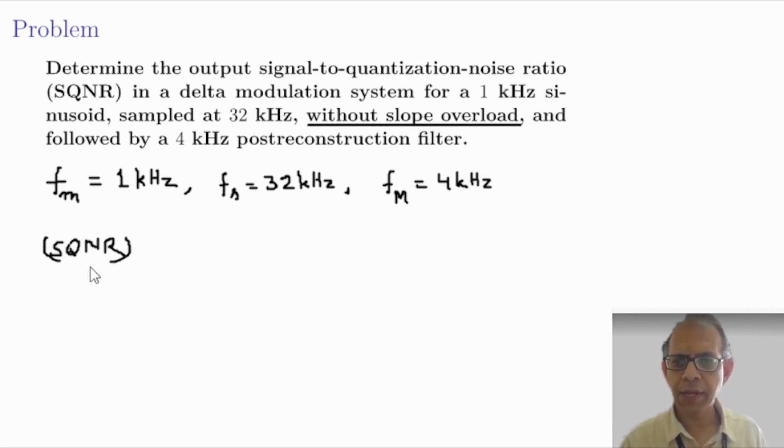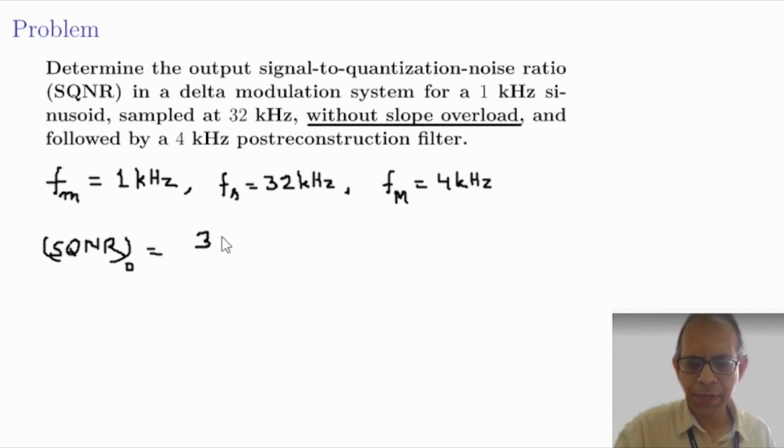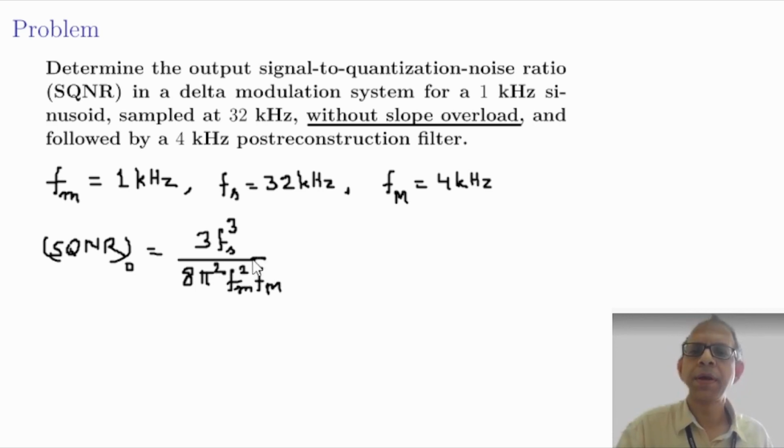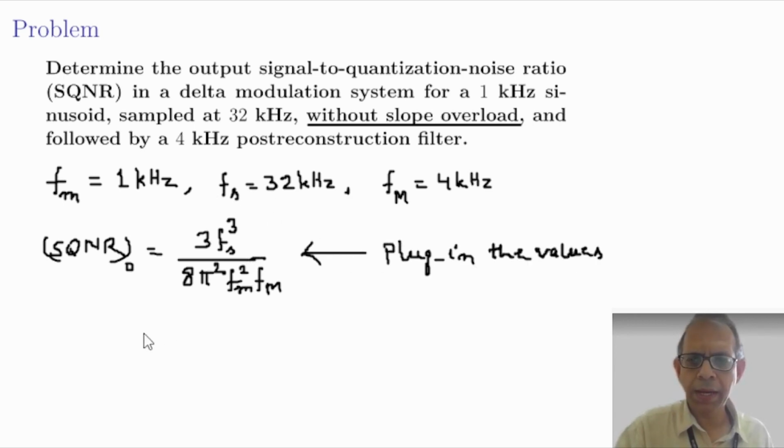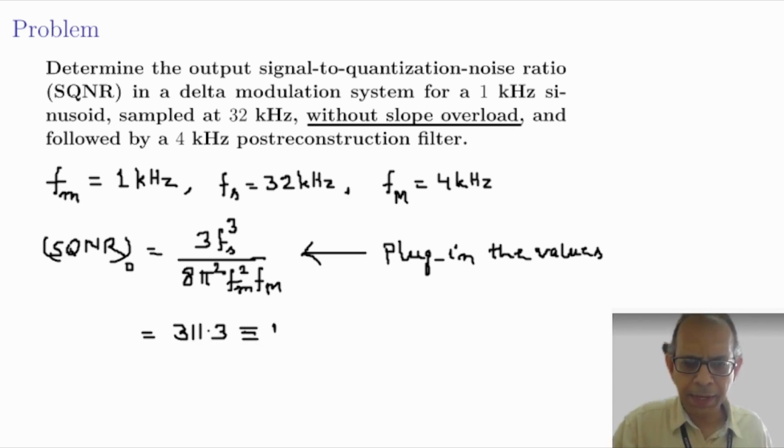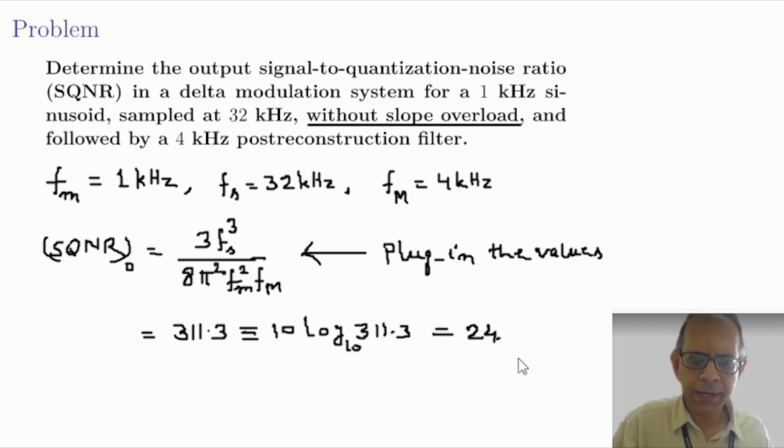We already have derived the expression for it as 3 Fs cubed upon 8 pi squared Fm squared F sub capital M. We just need to plug in all these values and it evaluates to 311.3, and in decibels it can be written as 10 log of 311.3 to the base 10, and it works out to be 24.9 dB.